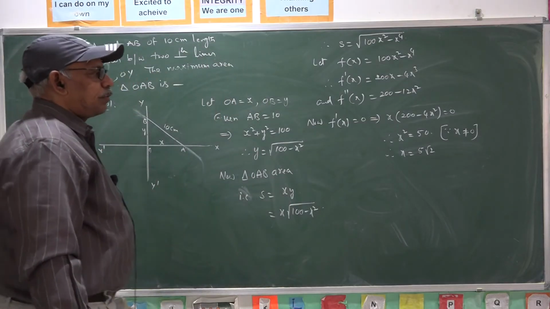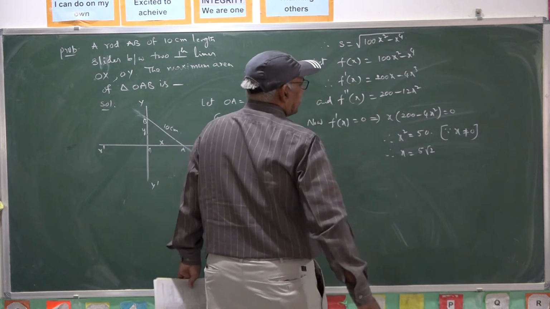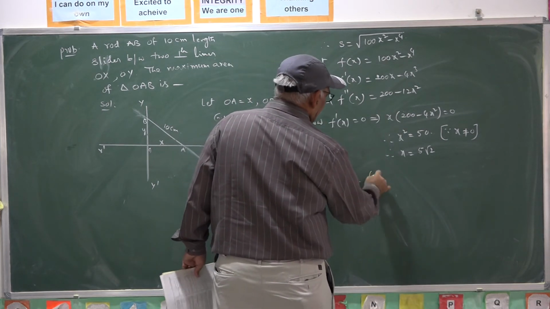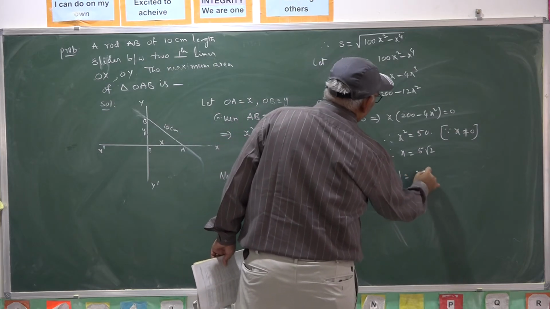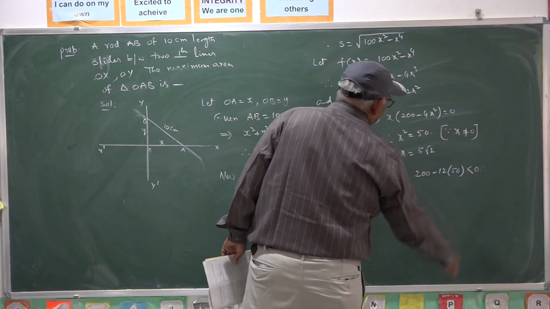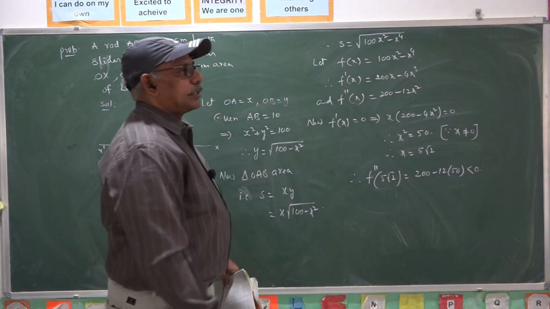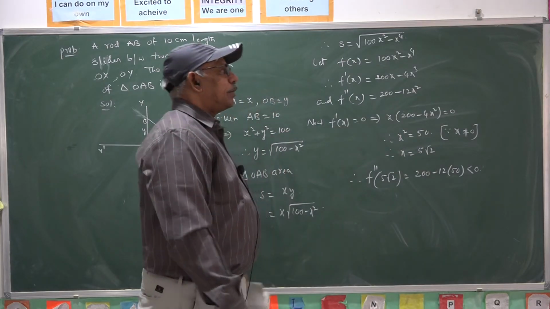Once x equals 5 root 2, then you can find f double dash at that point. It is 200 minus 12 into 50, clearly negative. So, the second derivative is negative and the first derivative is 0 at x equal to 5 root 2.